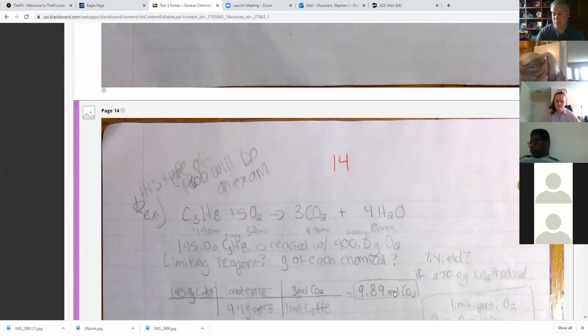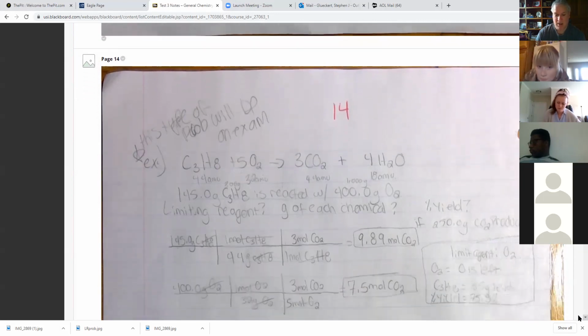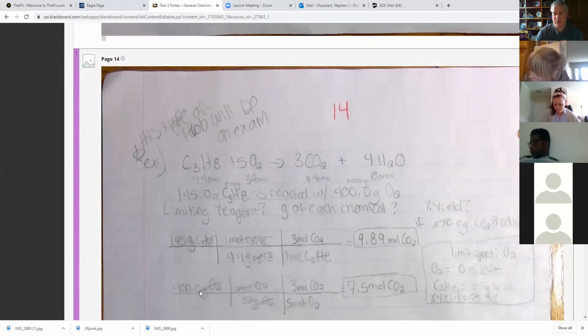All right. Now what do I do? Do the same thing for the oxygen. From the given amount, 400 grams of oxygen, you need to relate it to a product. Since we did CO2 here, we want to do CO2 here.